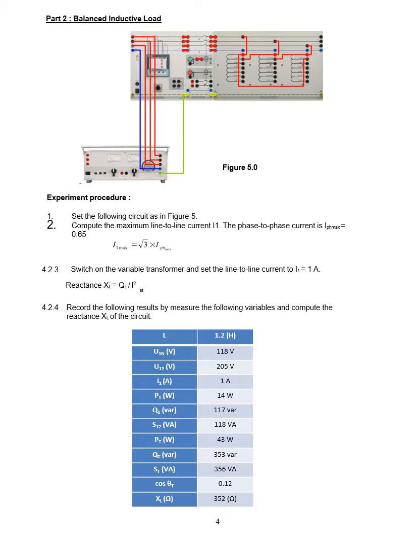For the S, 118. PT, 43. And the QT, we got 353. For the ST, we got 356. Cos theta 0.12, and the last one XL 352. That's all for the result of part 2 balanced inductive load.